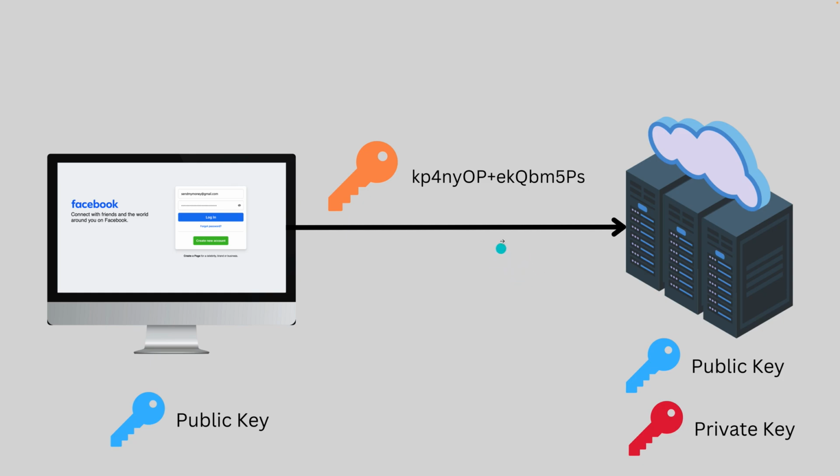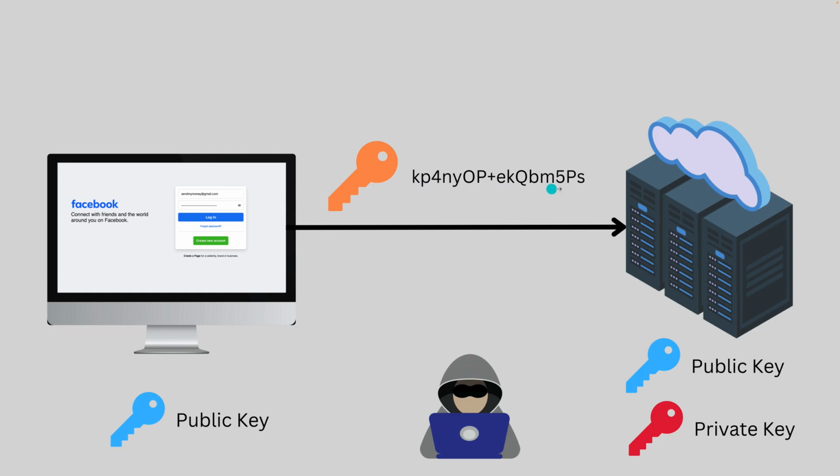And if I was in the middle and had access to it, I cannot decrypt it, because remember, encryption is going to happen with the public key, but I cannot decrypt with this public key. I would have to decrypt with the private key. Who has access to the private key? Not me, just the server. So again, I can't do anything about this.